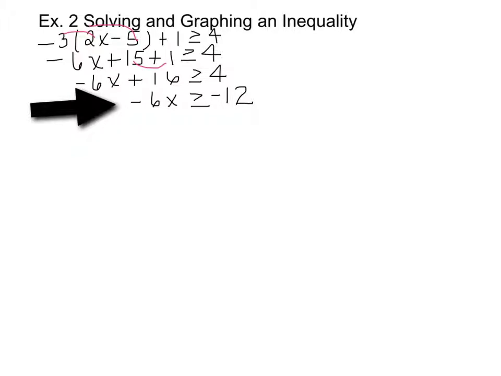When you divide or multiply by a negative, you have to remember that the inequality is going to flip. That's very important. So when we divide both sides by -6, now x is less than or equal to 2. And if you forget that, you'll graph it incorrectly.